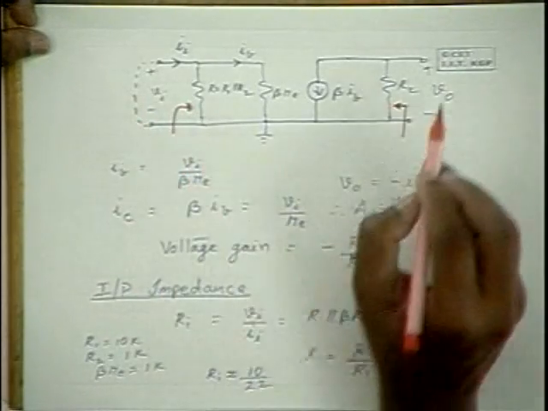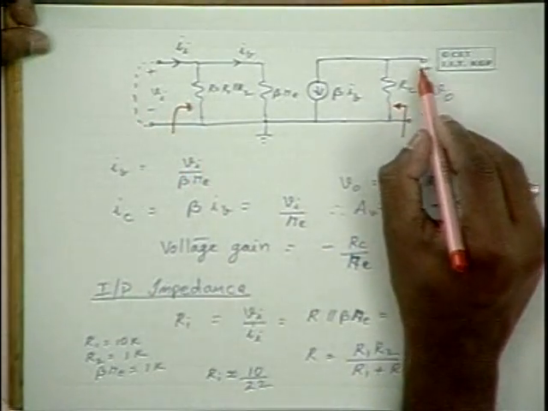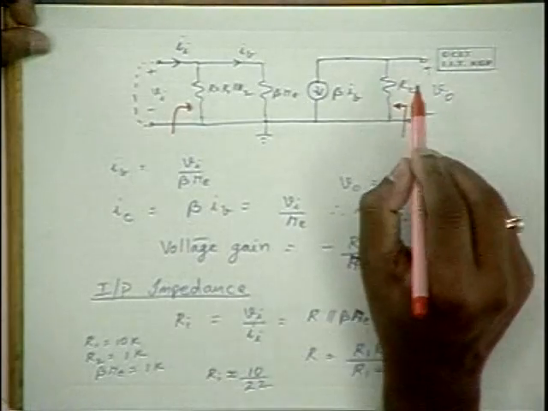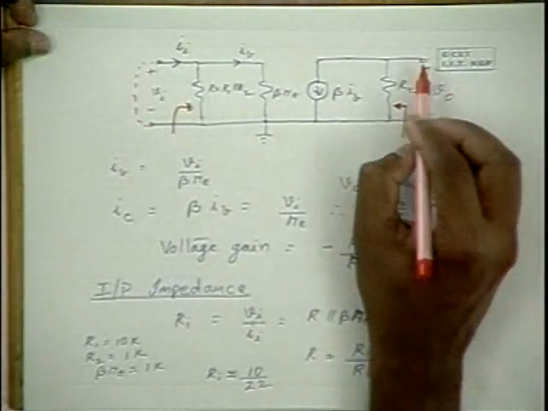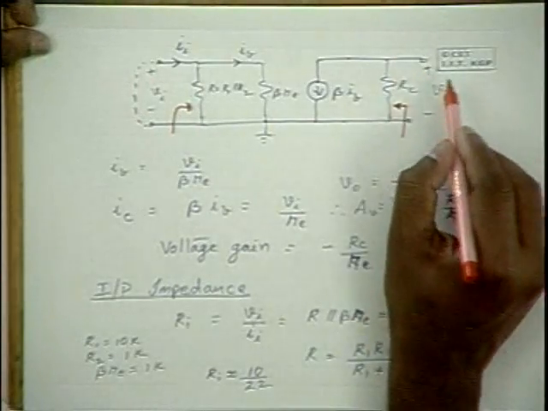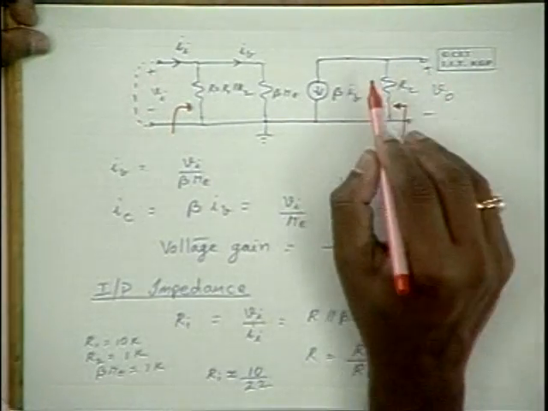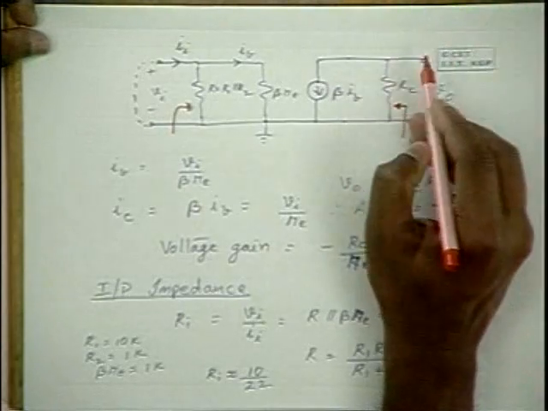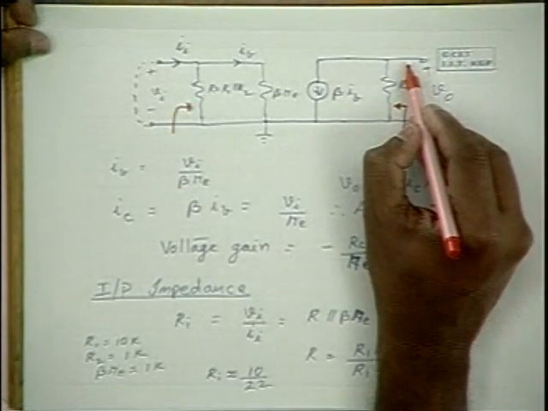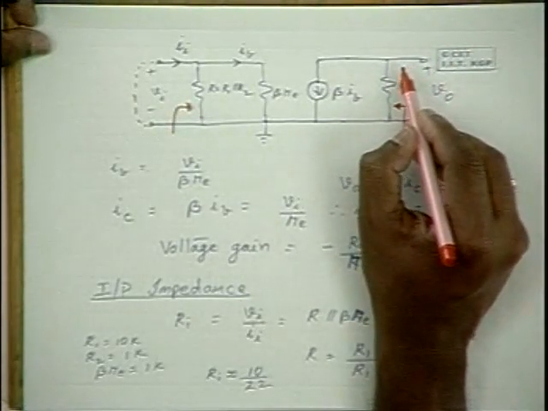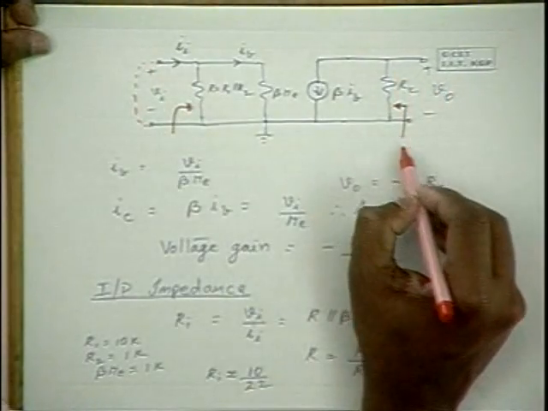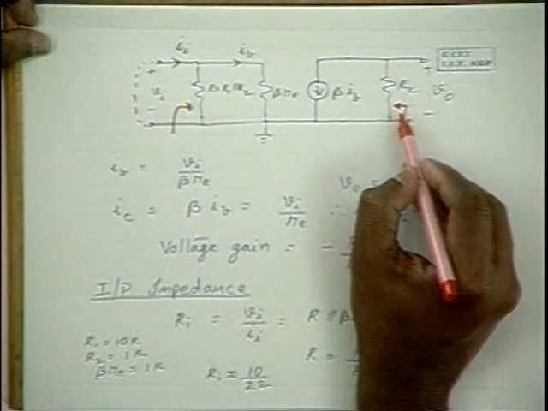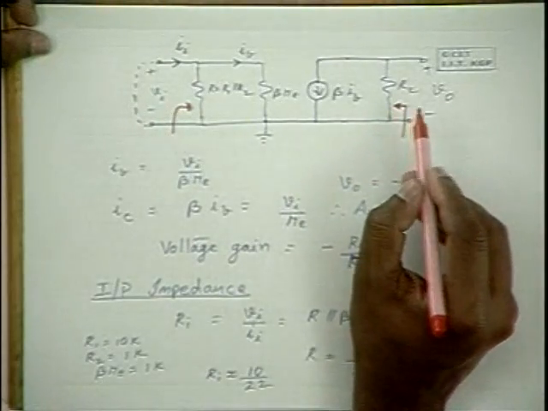How do we define the output impedance? If you connect a supply here and replace the input by a short circuit, how much current is drawn from the supply is measured, and the voltage divided by that current is the output impedance. Or when the input is replaced by a short circuit, the impedance looking into these terminals is the output impedance.